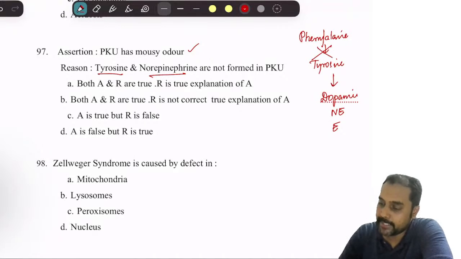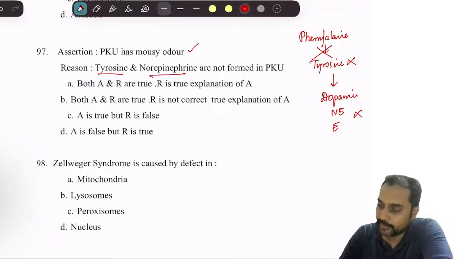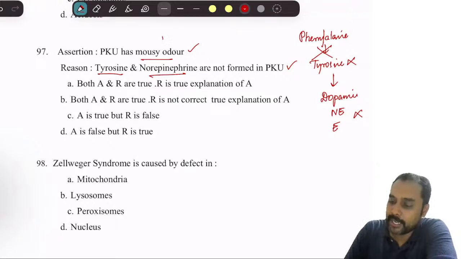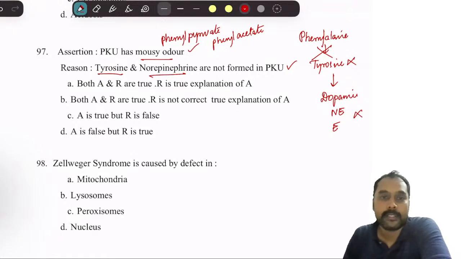So in this step, there is a problem. That means that there is no tyrosine, there are no catecholamines. So that is also correct. So both A and R are true. But is R the explanation for A? No. PKU has a mousy odor because of the accumulation of phenylpyruvate and phenylacetate in the urine.